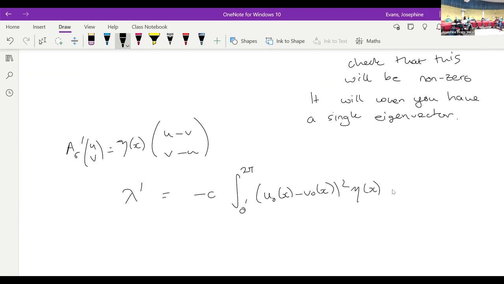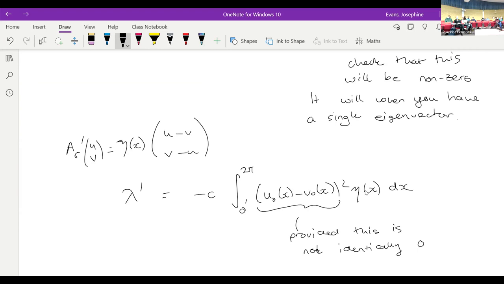Eta of x. So provided this is not identically zero, you can choose eta of x to make this be positive or negative or whatever we want, which shows that we can't have been at an optimal sigma if we had a single eigenvector.